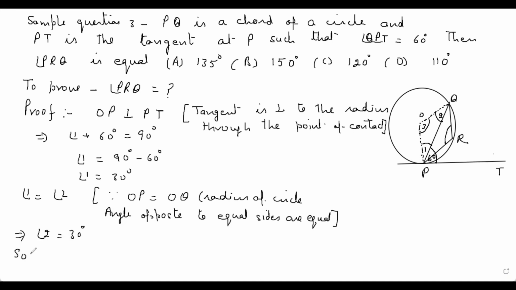So angle 3 is equal to 180 minus (30 plus 30) degree. It means 180 minus 60 degree. It means 120 degree. Sum of angles of a triangle is 180 degree.